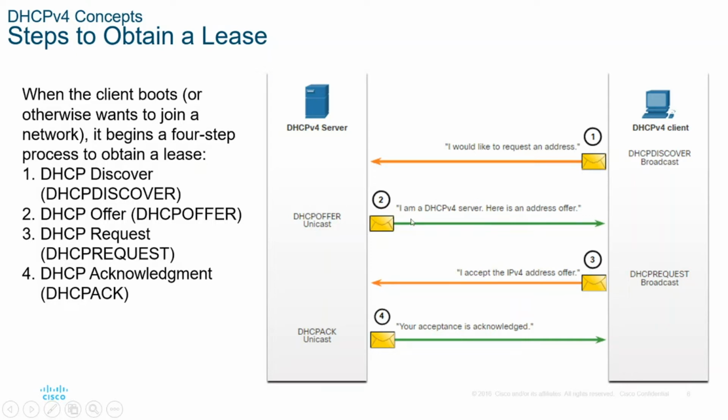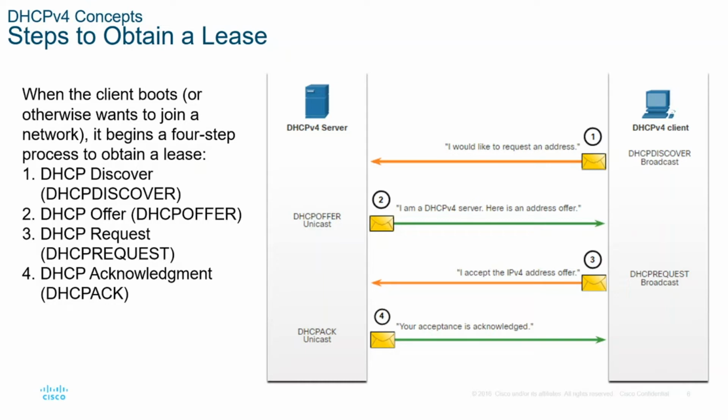I am DHCP version 4, here is the address offer. So the client will accept the IPv4 address if the IP address is not duplicated or clashed with others.